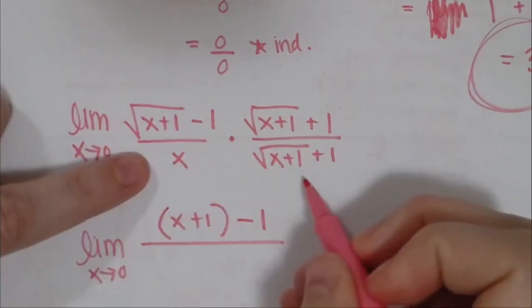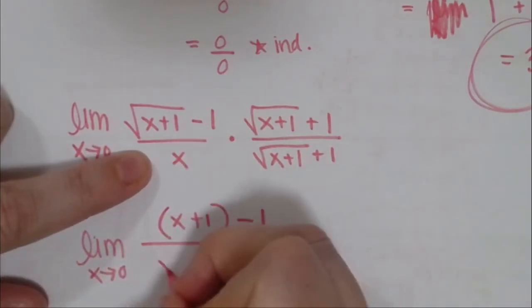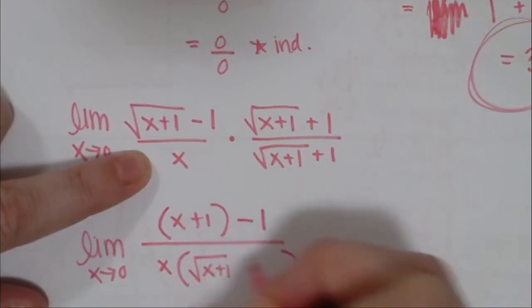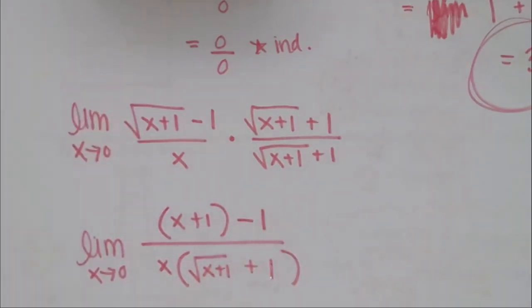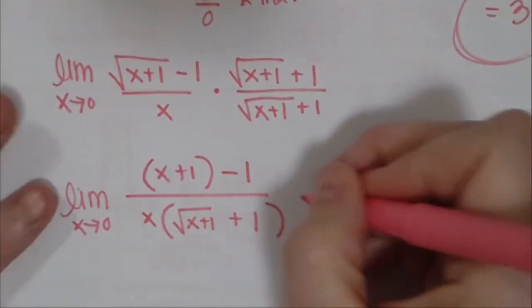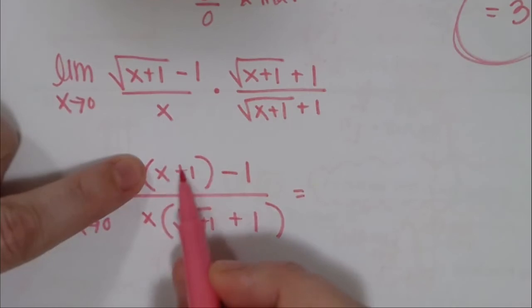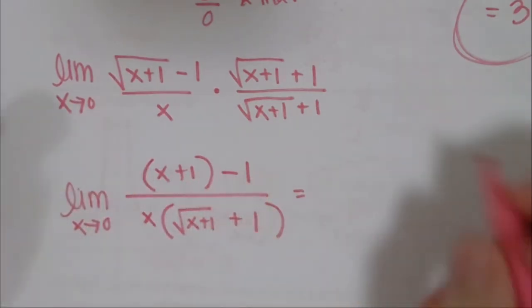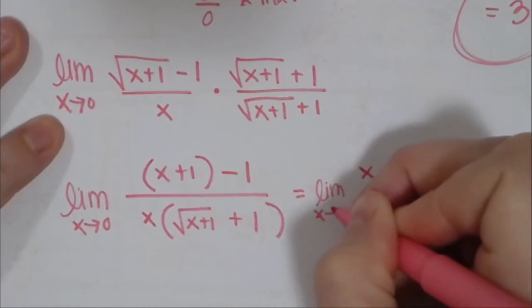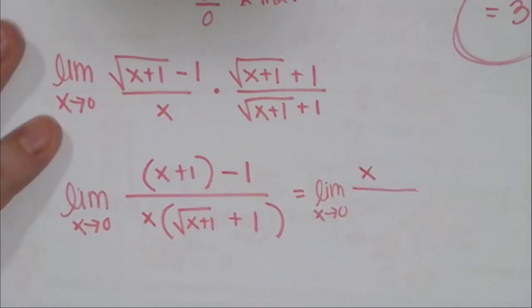Now the bottom, this times this, I'm just going to keep it as x times all of that mess over there. And that looks pretty messy and it might make you a little bit nervous, but that's okay because something beautiful is about to happen. If I do x plus 1 minus 1, that's simply just x on the top. So the limit as x approaches 0 is just x on top now.